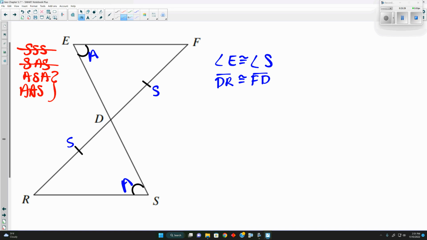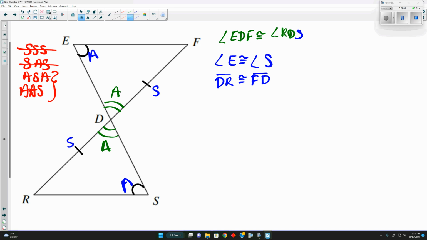Exactly, these two angles here are congruent because of vertical angles. So we can say angle EDF is congruent to angle RDS. So that does give us another set of angles.